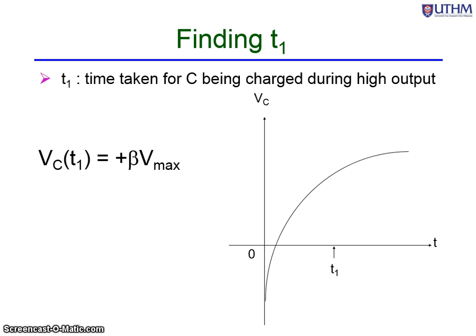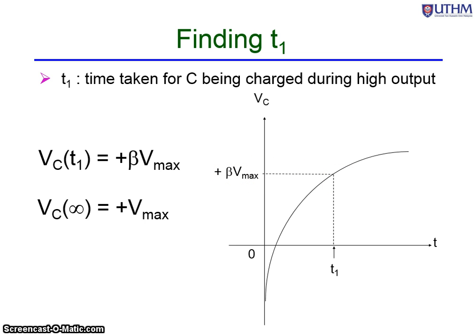At time T1, this is during the transition. When we compare VC and VF, this is the transition, whether VC is greater or less than this node, which we call beta Vmax, the upper threshold point just now.